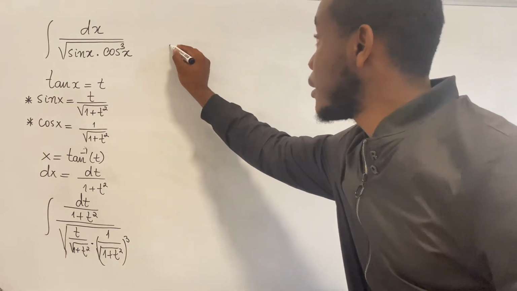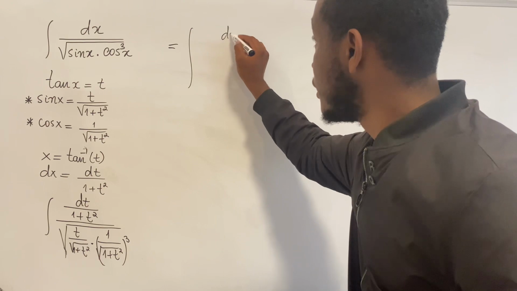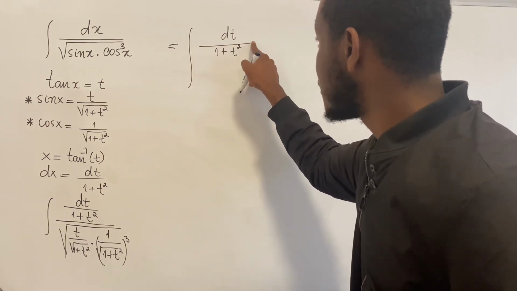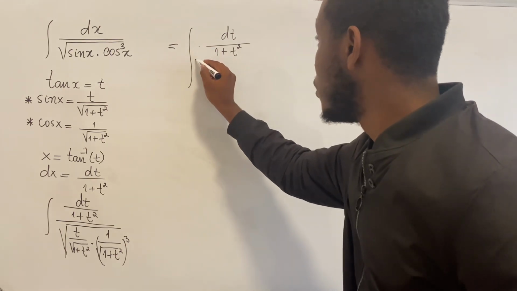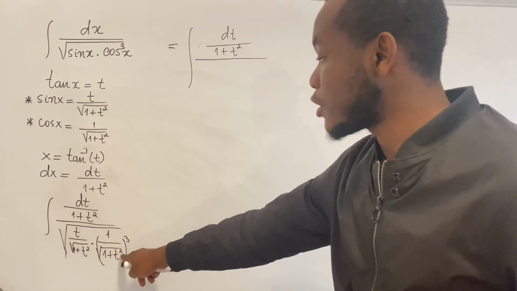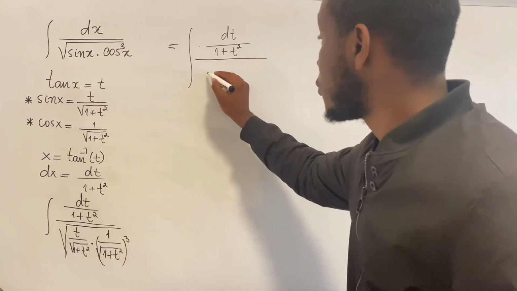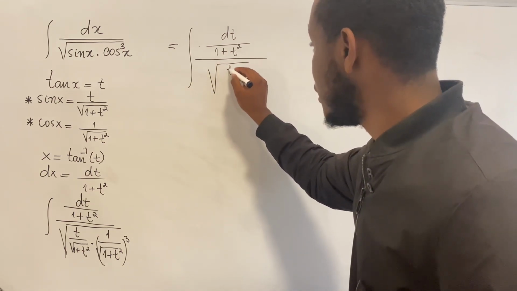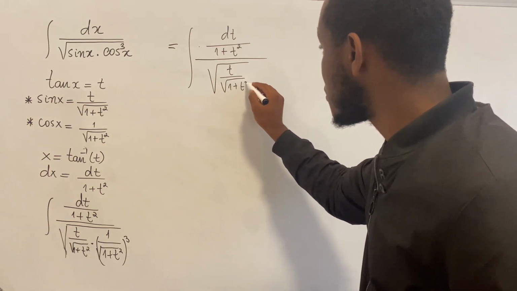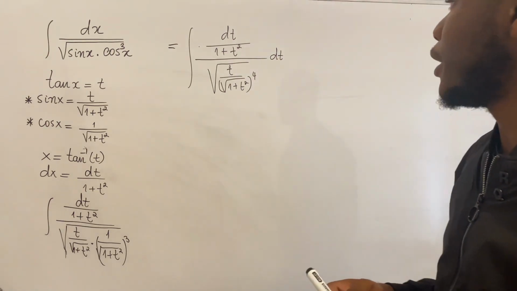Carrying on, that means what are we going to have? We're going to have the integral dt over 1 plus t squared, all this over, if we multiply the denominator for these expressions to the power 3, then that will be to the power 4. So we have the square root of t over the square root of 1 plus t squared, all to the power 4 dt. Right.